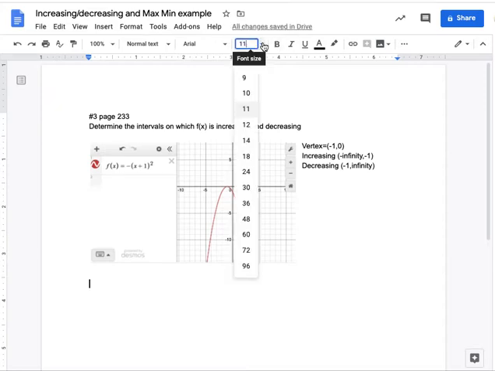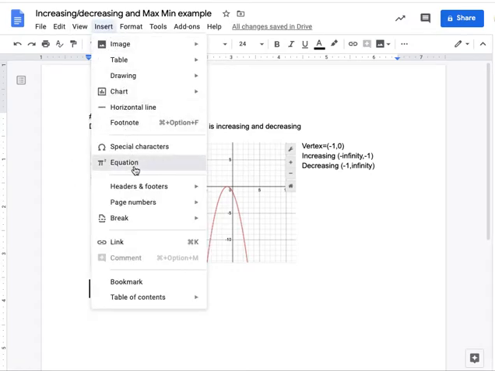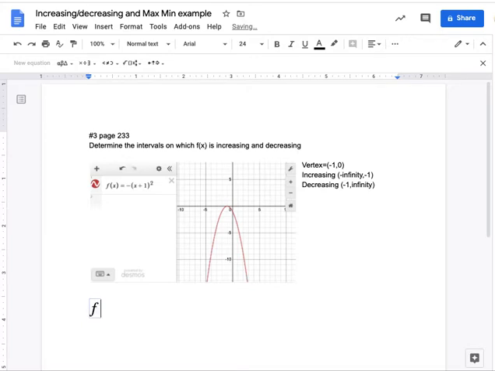And we're going to bump this up a little bit for an equation. And we're going to put in our equation as f of x equals negative, parenthesis, x plus 1, close parenthesis, squared.